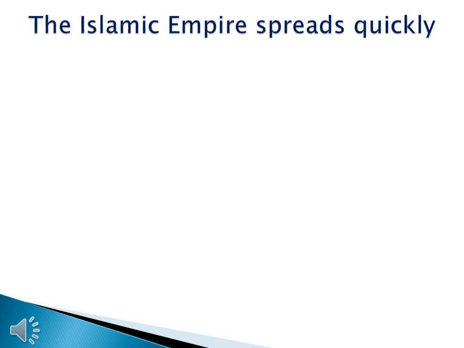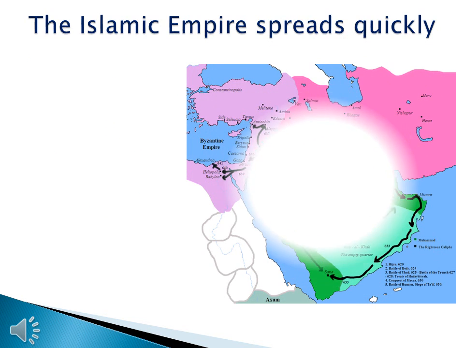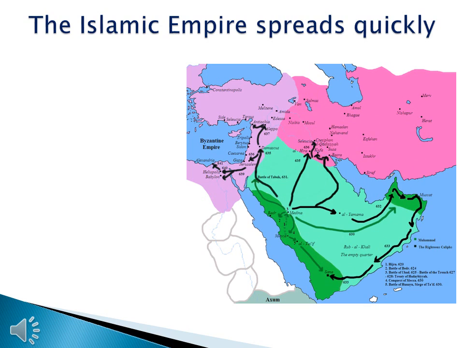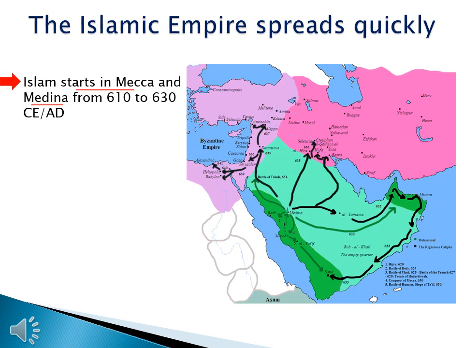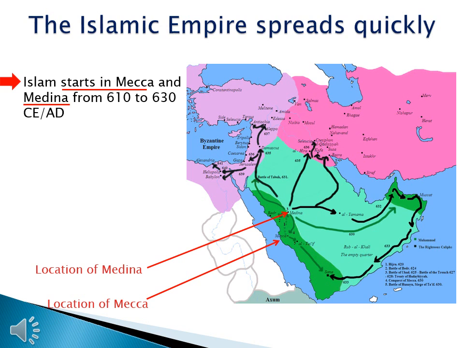Islam is founded by Muhammad. The Islamic Empire is a religious civilization based on Islam, and it spreads quickly. Islam starts in Mecca and Medina from 610 to 630 CE. So here's the location of Mecca, here's the location of Medina, and Muhammad moved between these two cities as he founded Islam. But once the citizens of Mecca convert to Islam, things move rapidly.